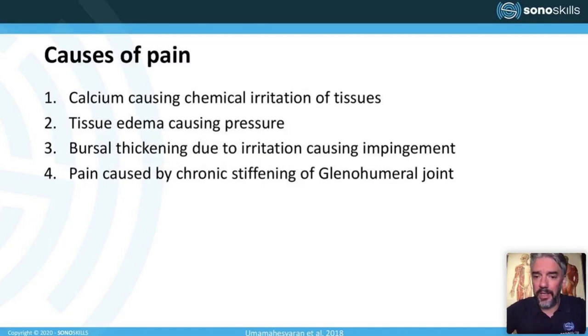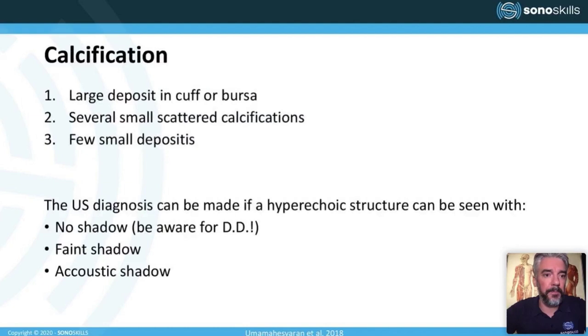And the pain can be caused by a certain chemical irritation or a certain pressure put on some tissues, but also because you're not using the shoulder, you have stiffening of the joint or weakening of certain muscles because of disuse, and this can produce secondary complaints.